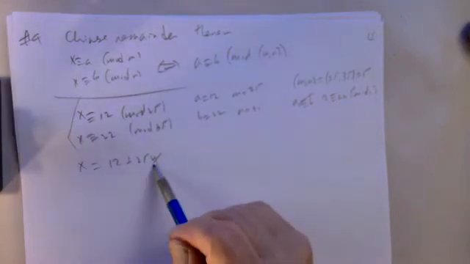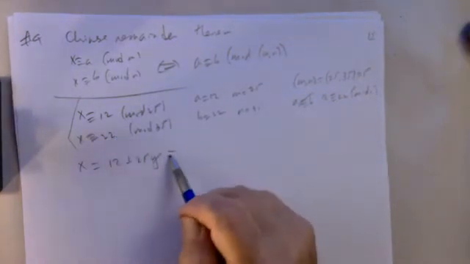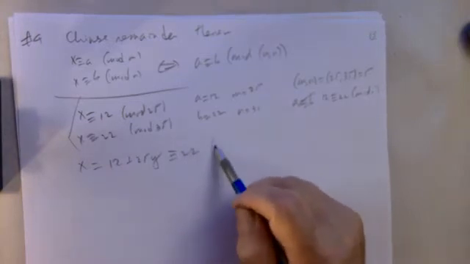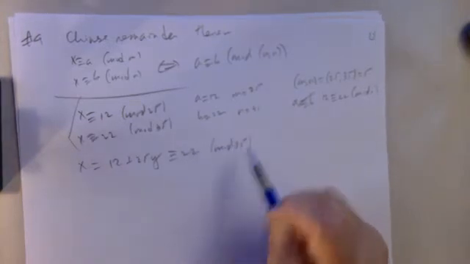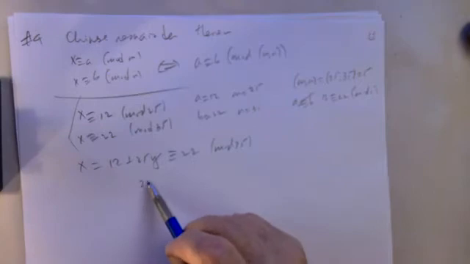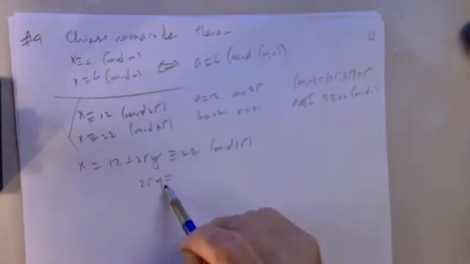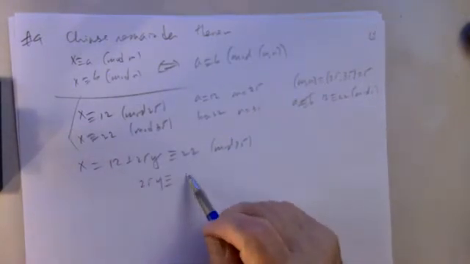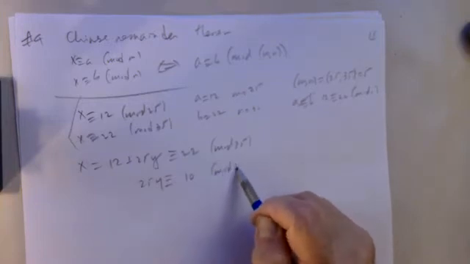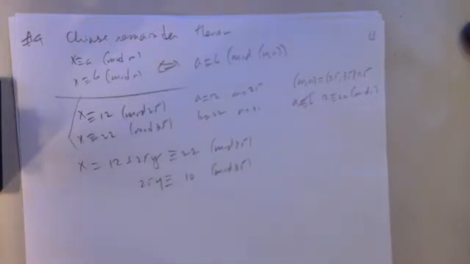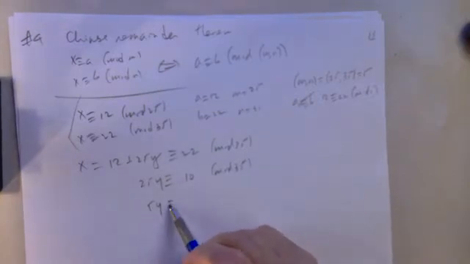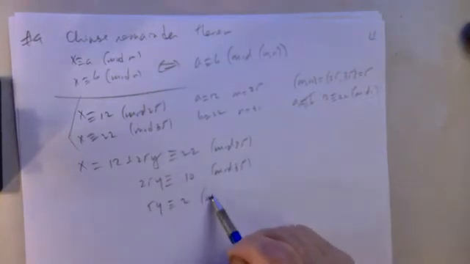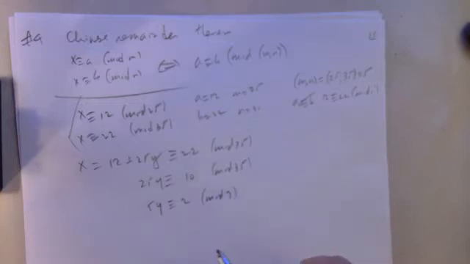And that integer has to be congruent to 22 mod 35. It says 25y has to be congruent to 10 mod 35. If we divide everything by 5, that's the same as saying 5y has to be congruent to 2 mod 7.